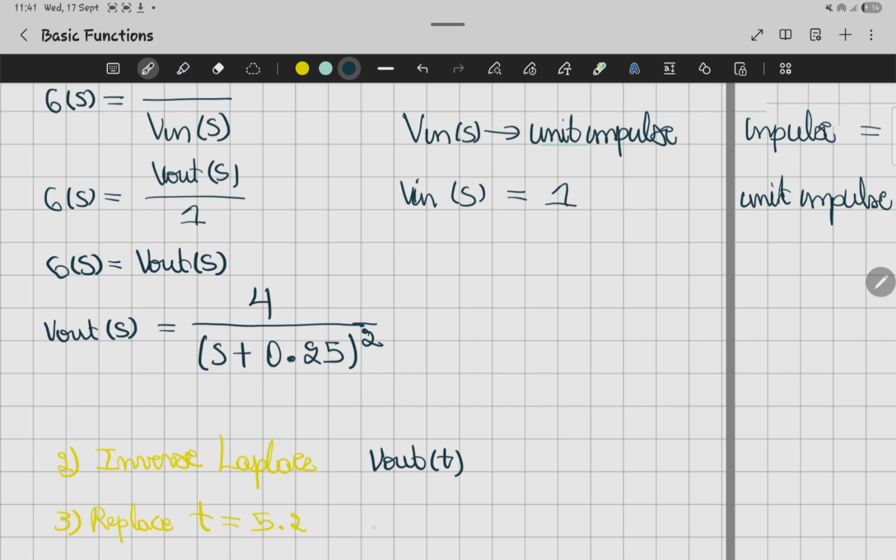Then this is where you're going to replace the value of V out.